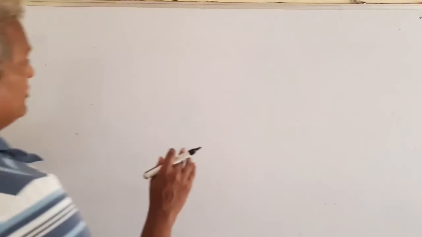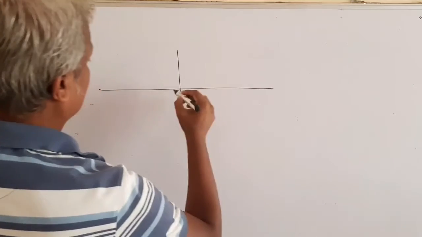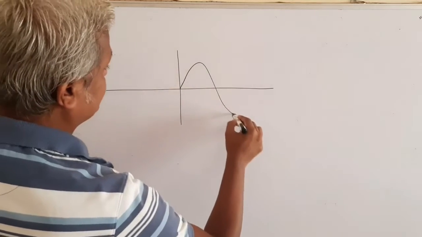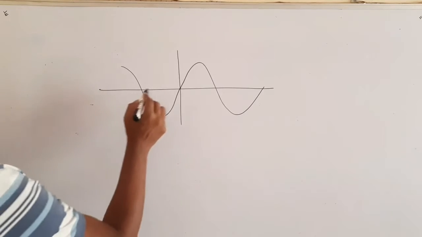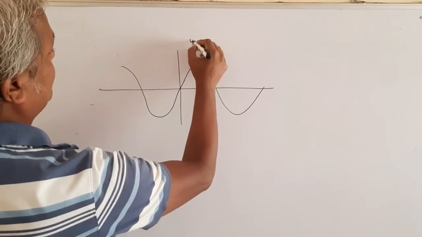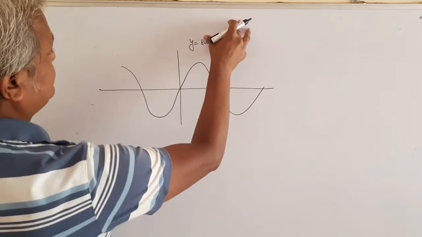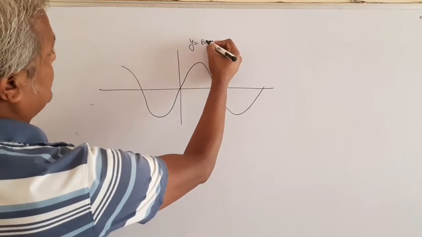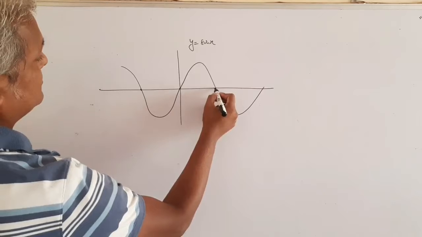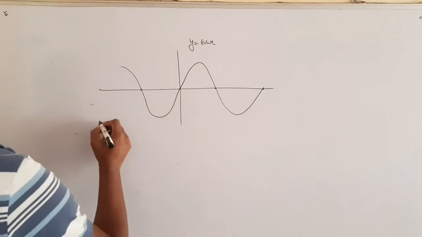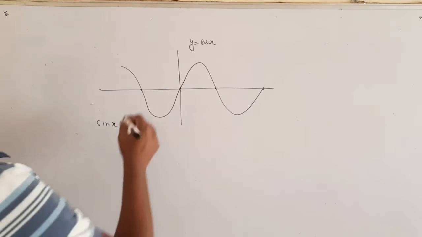So the first thing I am going to solve: if you see this graph, it goes like this. This is y equal to sin x graph. Wherever the graph is touching the x-axis, that is 0. So it means sin x equal to 0 wherever these values are there.